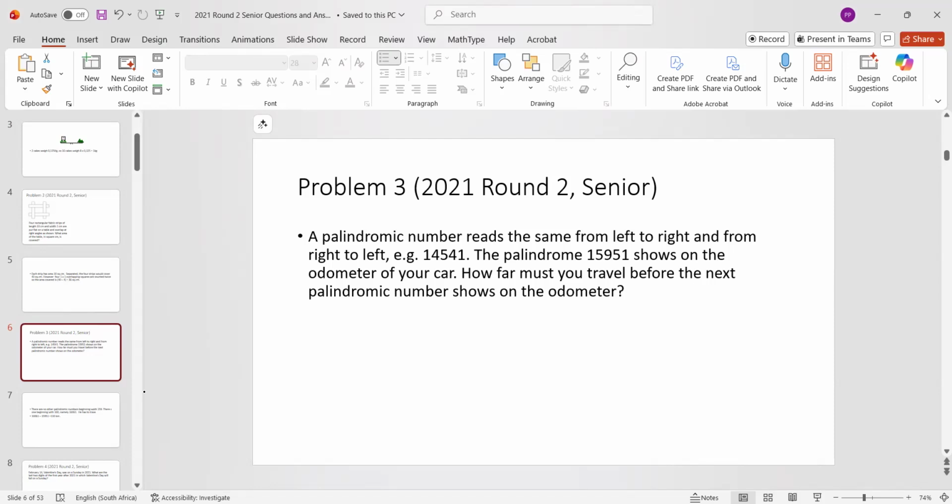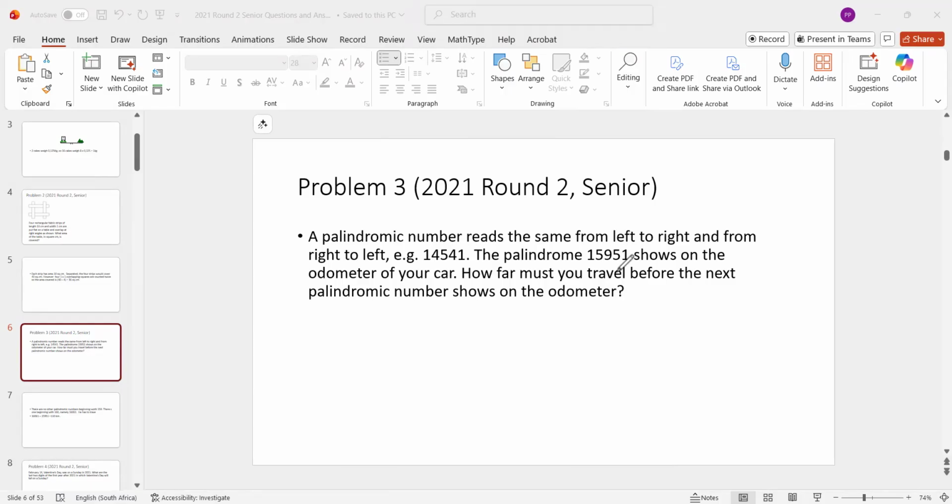A palindromic number reads the same from left to right as from right to left. Okay, so backwards and forwards, it reads the same. Such a number is called a palindromic number. So 14541, read it backwards, 14541.